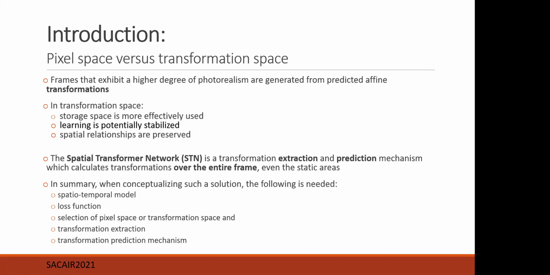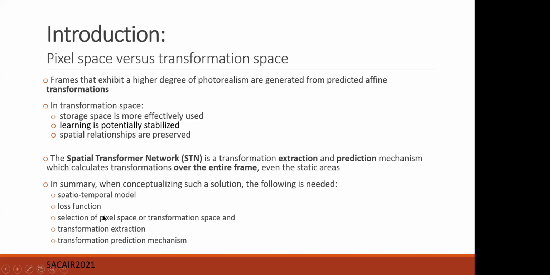So in the transformation space, you basically take the adjacent frames of a video, extract the transformation between them, and thereafter predict a transformation and apply it to the last frame of the input sequence. As a result, the model would only need to store information pertinent to transformations, transforming one frame to another. And as such, the learning process is potentially stabilized. And a further consequence is that only the edges of the objects are transformed, so spatial relationships are preserved.